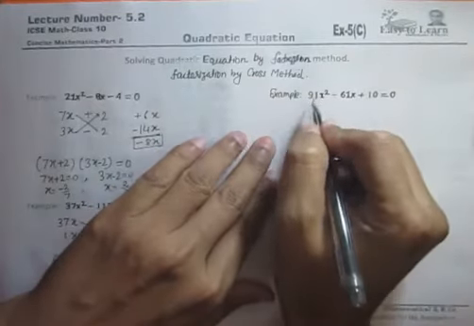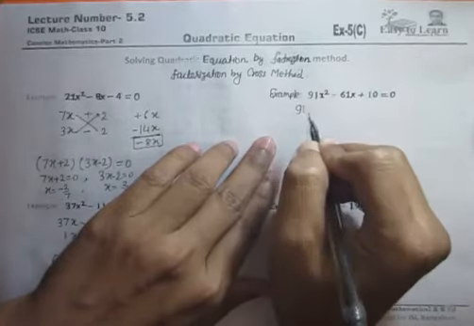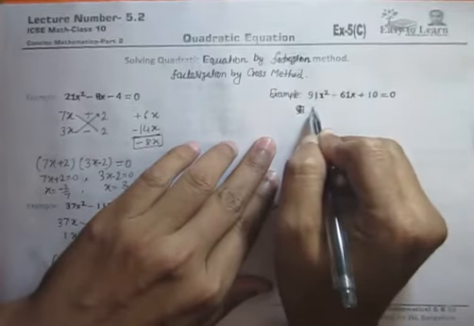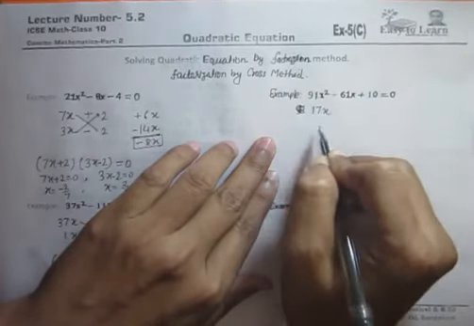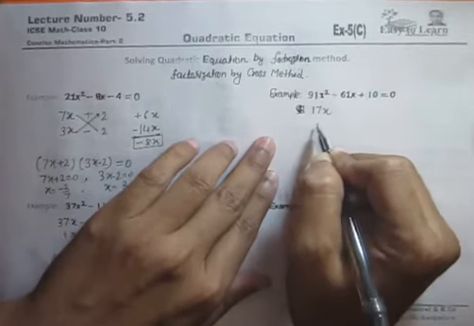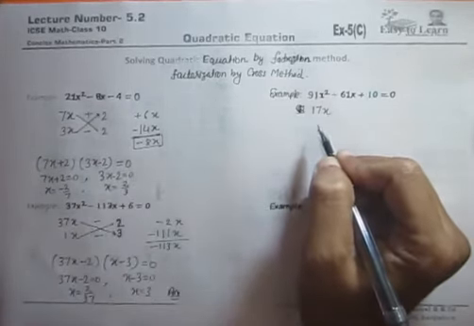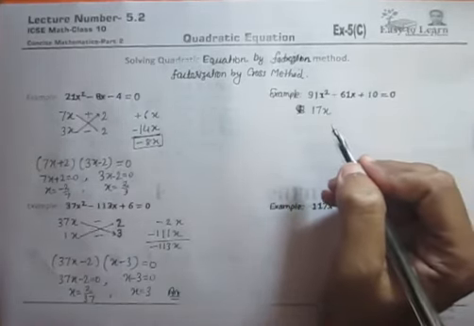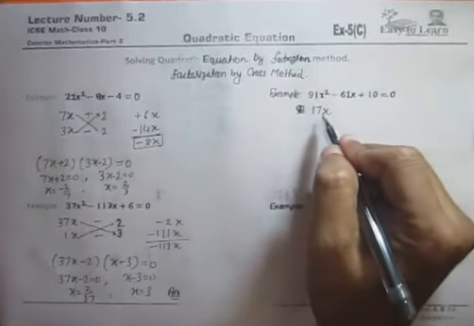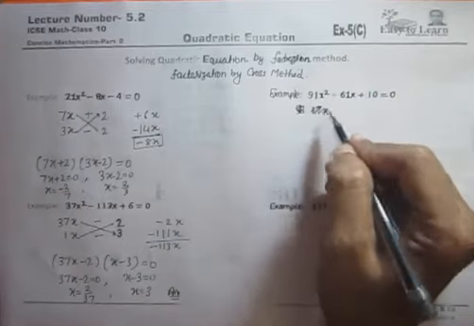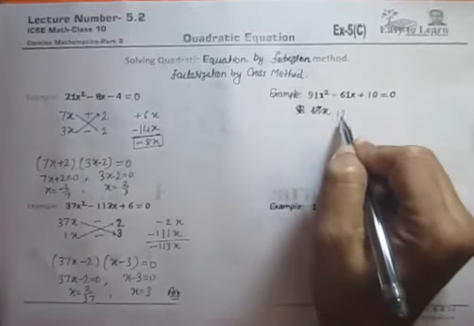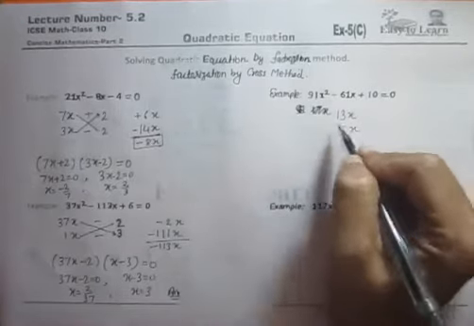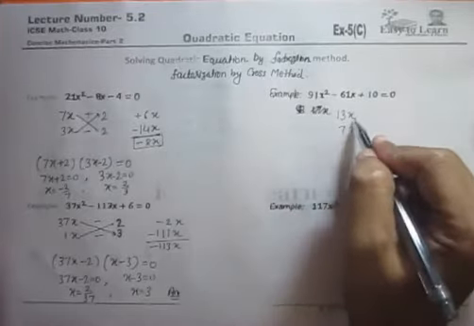So this 91x square can be written as 13x and 7x, since 13 into 7 is 91. So 91x square can be written as 13x into 7x.